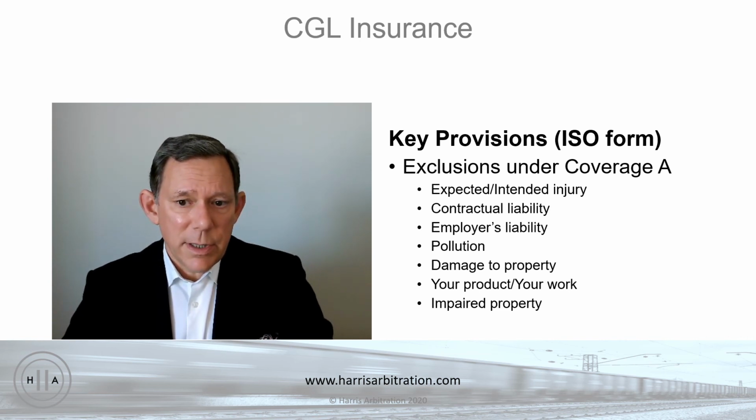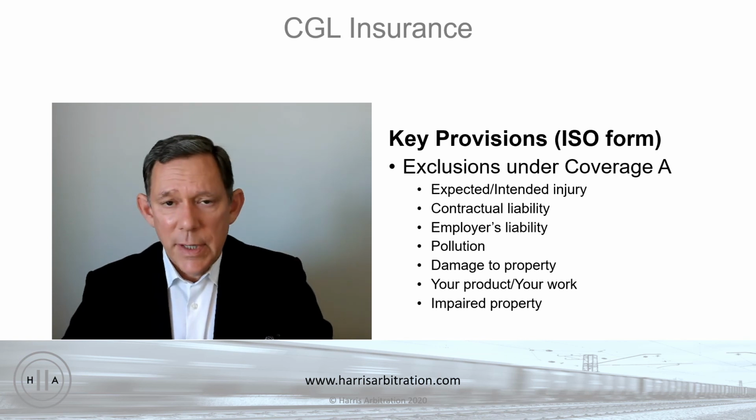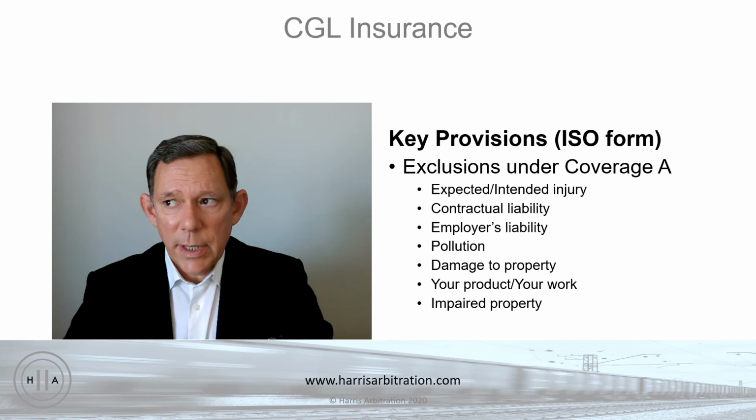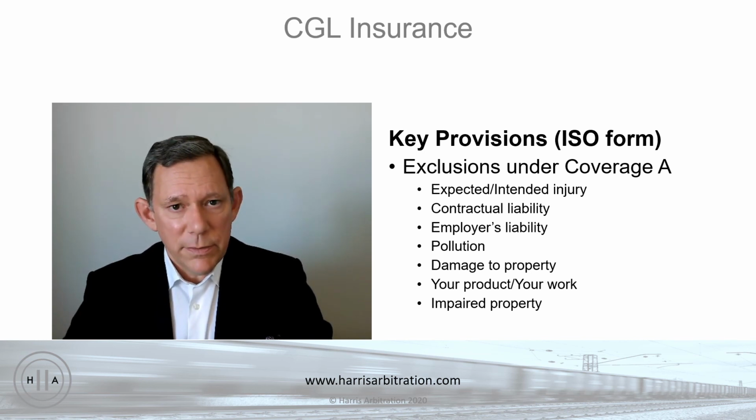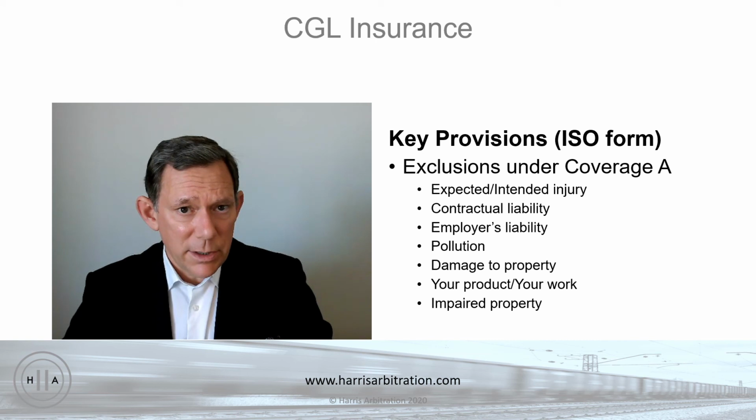The concept here is simply that, okay, if somebody gets injured as a result of an occurrence, but there was some intent on the part of the insured, for example, to injure the third party, well, that's going to be excluded from coverage, even though a literal reading of the coverage provision might suggest that it would be covered. In fact, that's excluded.